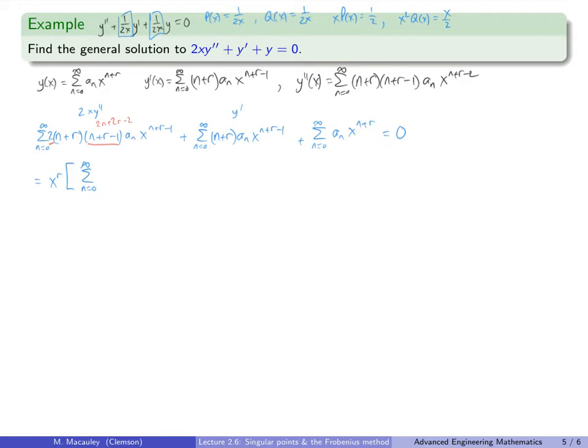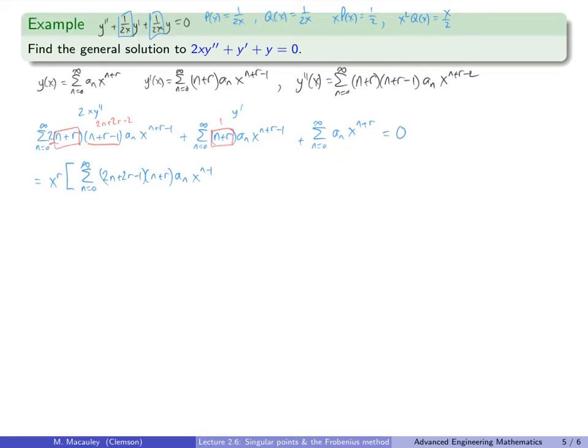And over here, we have 1 n plus r. So together, we have 2n plus 2r minus 1 n plus r's. We have that many n plus r's. And then we have an a n, and we have an x to the n minus 1, because we took out the x to the r.